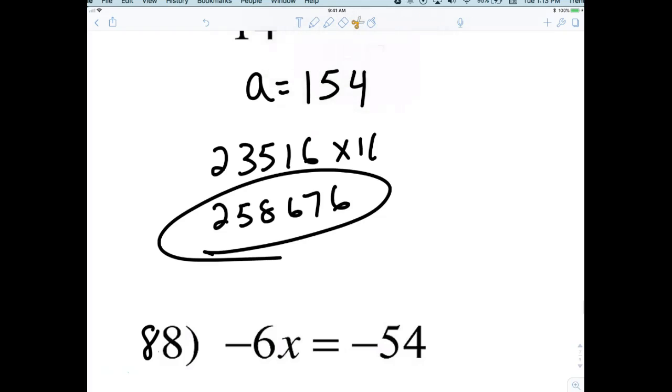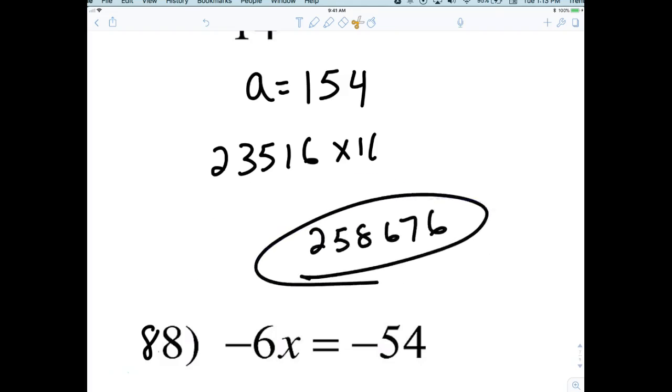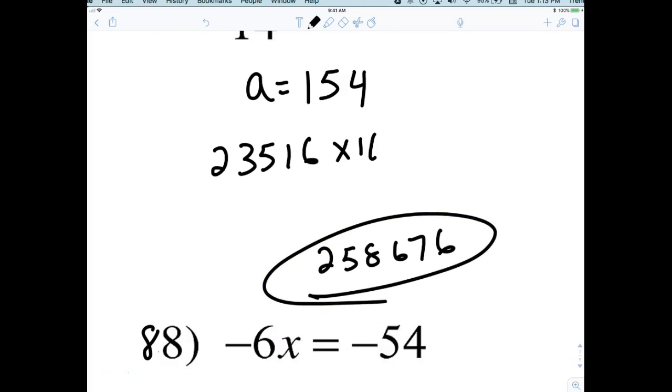Anytime you multiply by 11, put the first digit down, 2. Then you add 2 plus 3, 5. The next digit would be 8, and the last digit would be 6. 2, 5, 8, 6, 7, 6.